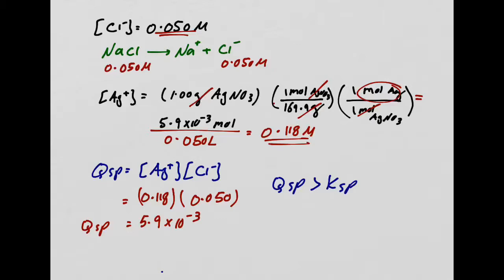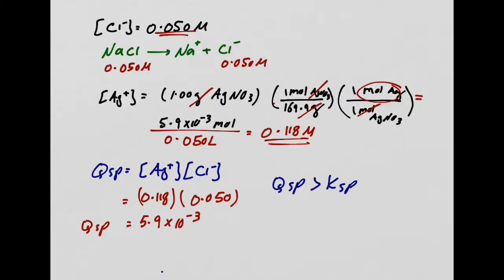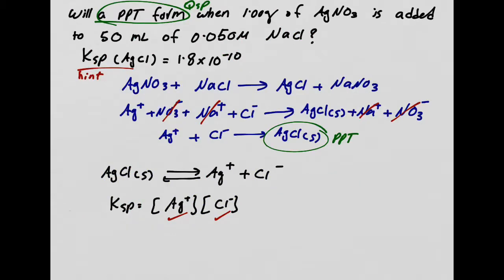You're at equilibrium. Now, what does it mean here? QSP is larger than KSP. That means you have precipitate, right? You pass the saturation and you have precipitate. So every time they ask you, will a precipitate form? You look at the concentrations in the reaction right now.